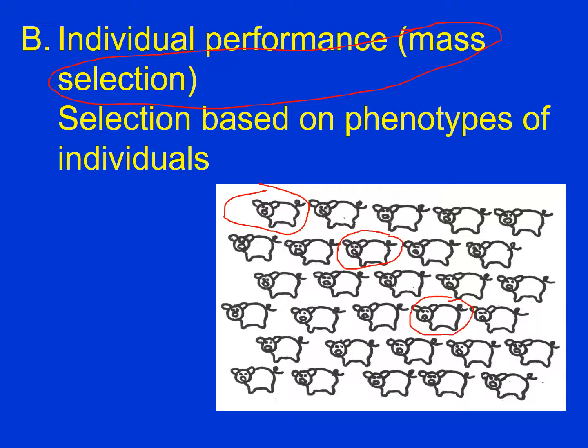We can maybe do some ultrasound, get some carcass measurements, and we have determined that these 4 pigs are the best. So basically it's relatively simple and straightforward, just selecting on an individual's own performance.